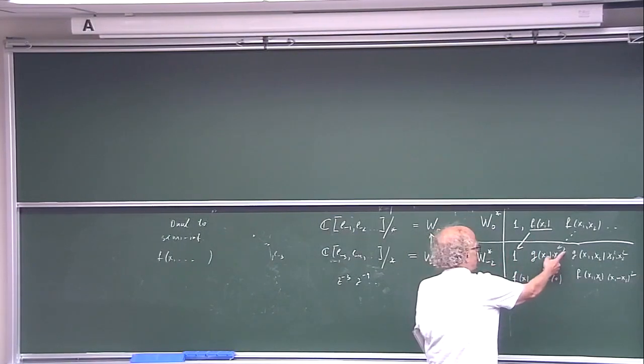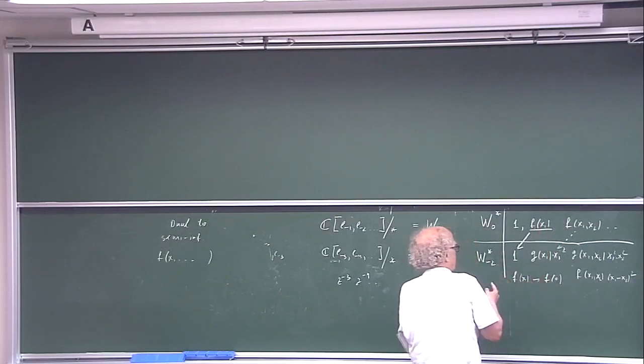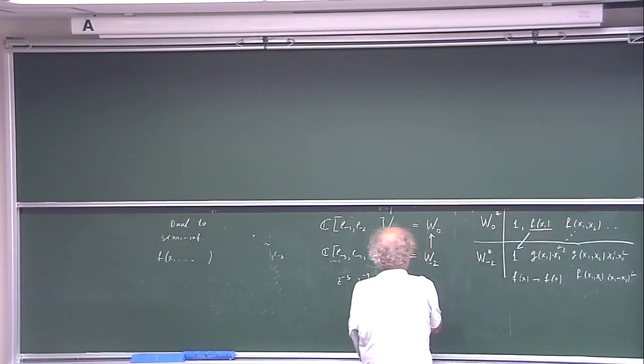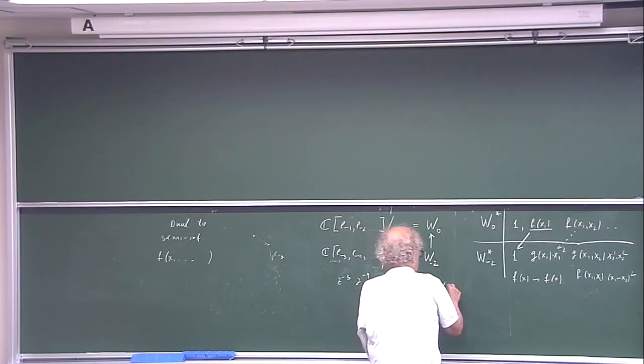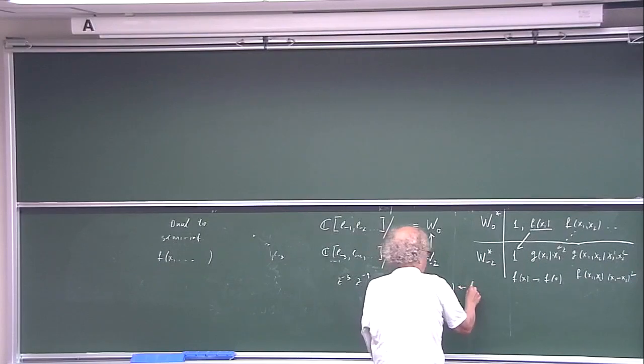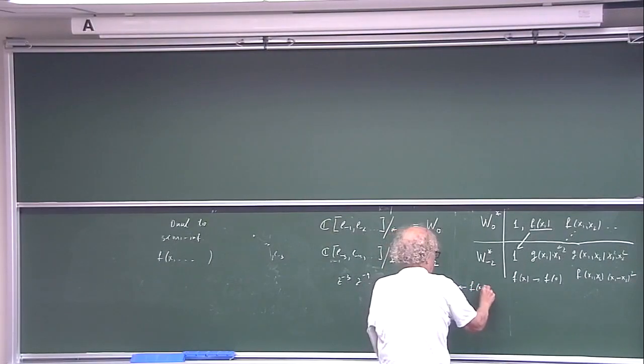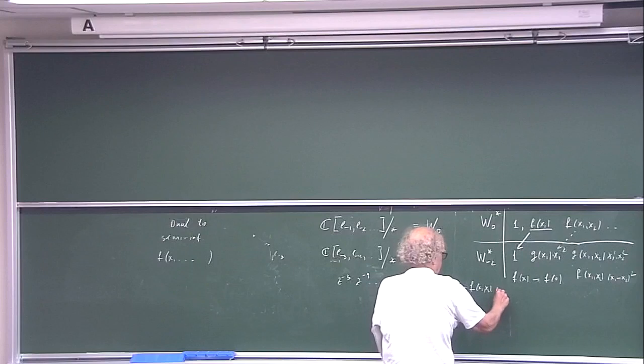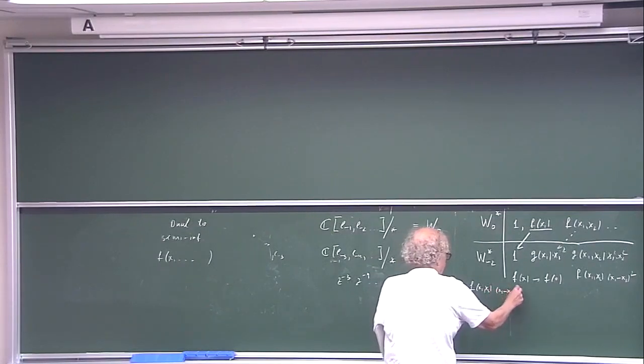This is f, a function in one variable. Here we have a function in two variables, and here x1 minus x2 square.